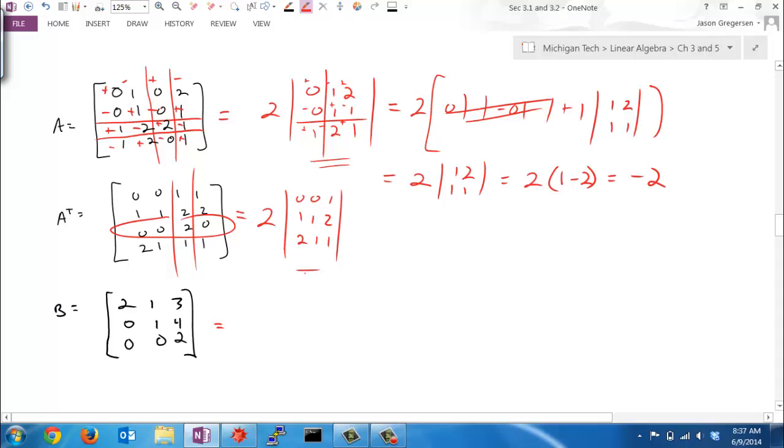If I want to expand along this one, which one do I expand along? Row 1, which looks like the column 1 of before. All right, so this is going to be 2 times 0 plus 0 plus 1 times some subdeterminant, which is 1, 1, 2, 1, which looks just like the transpose of this piece.